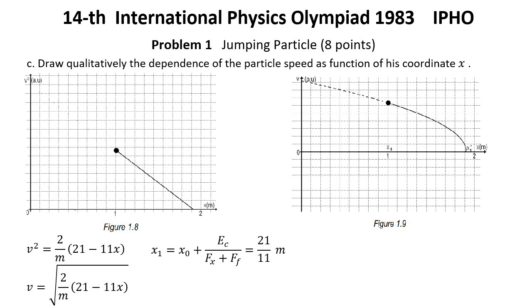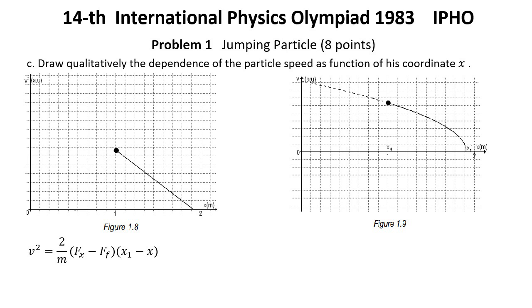When the particle is at a point lying in the domain between 0 and x1, running from x1 to the origin, its total energy W(x) has the next expression. Because of friction, the value of the energy decreases from the one it had at x1 to the one corresponding to the x position. We have the square of the speed with this expression, and the speed is.